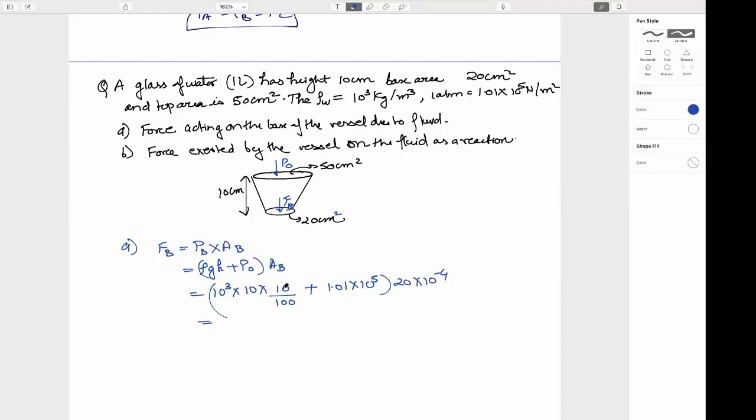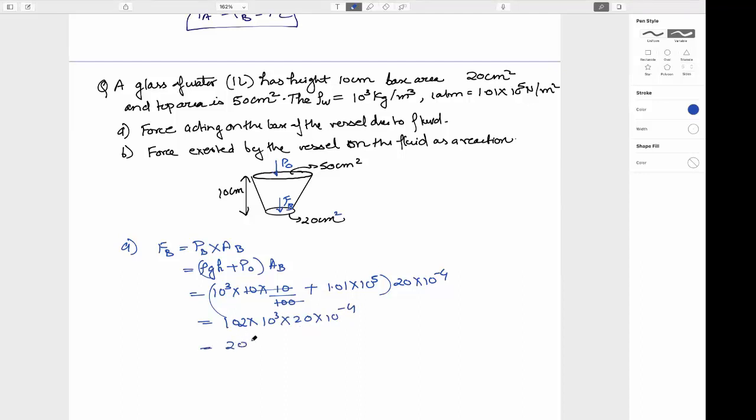So it comes out to be 1.02 into 10 to the power 5 into 20 into 10 to the minus 4.